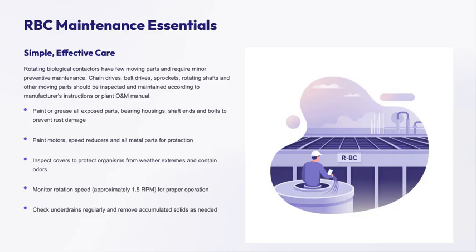Another key point is to inspect the covers regularly. They serve a dual purpose, protecting the organisms from weather extremes and helping contain odors, which is crucial for both performance and community relations. Monitoring the rotation speed is also vital. The typical speed is about 1.5 RPM, and keeping it consistent ensures proper operation of the system.